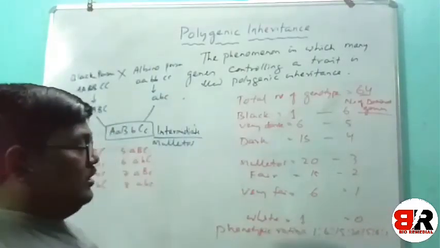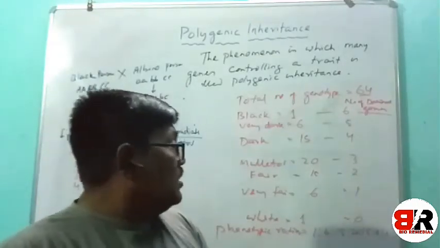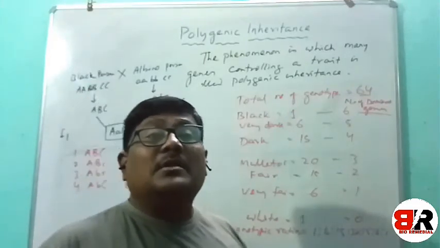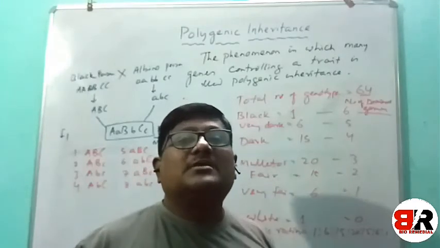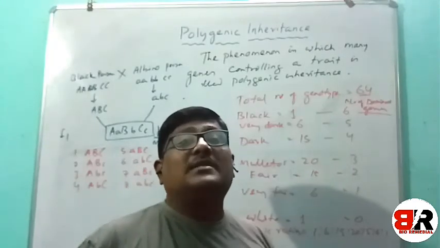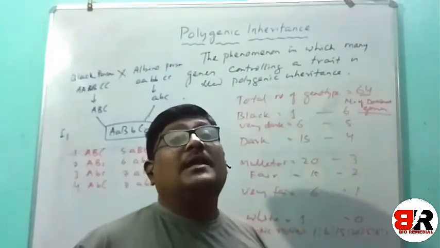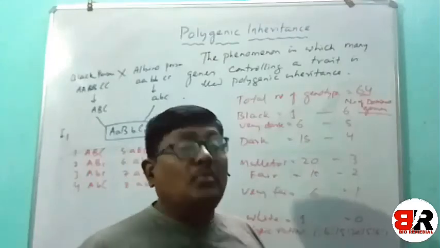So it is in order 1, 6, 15, 20, 15, 6, 1. So the lesser the dominant genes, the skin color will be fairer. The more the dominant genes, the skin color will be dark, because the dominant genes help to form the melanin pigment. So melanin pigments will be more and more if the dominant genes are more.